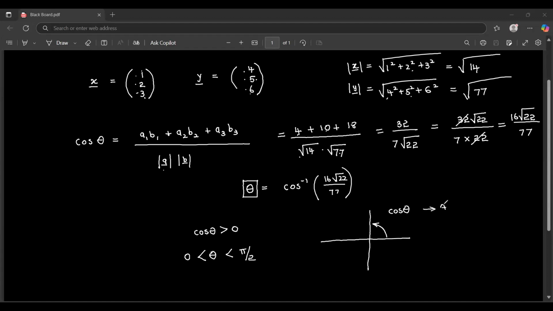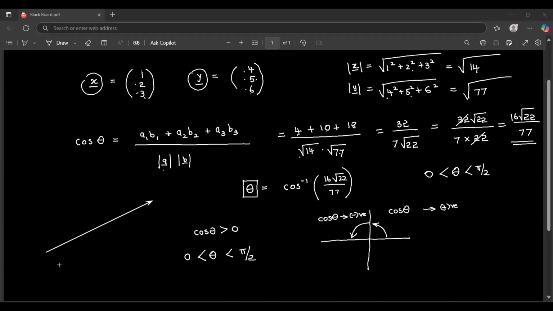It is a positive value. And in the second quadrant, the value is negative. Since cos theta has a positive value here, I can definitely say theta is an acute angle. And if it was a negative value, I would definitely say the angle between vectors x and y is an obtuse angle. So I can visualize this. If x is somewhere like this and y looks something like this, this angle theta is an acute angle. This is question 1.